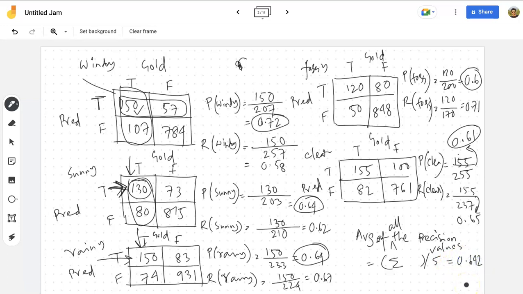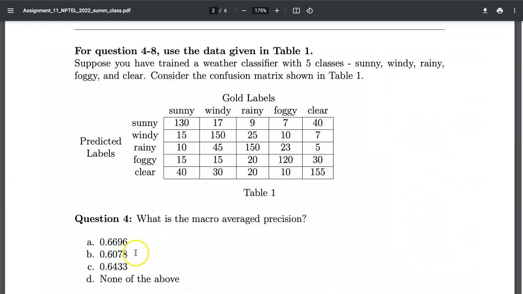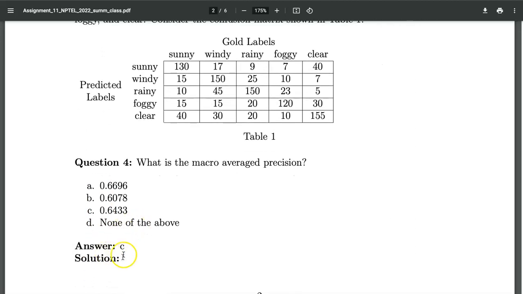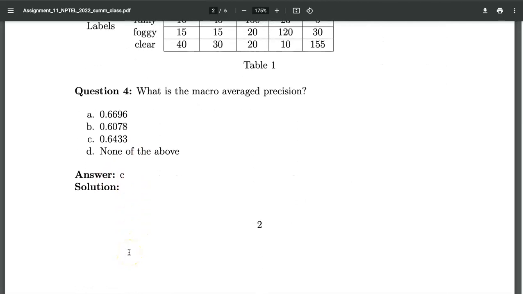Okay. There are some decimal issues, but it will be similar to option C. So the solution answer is option C.